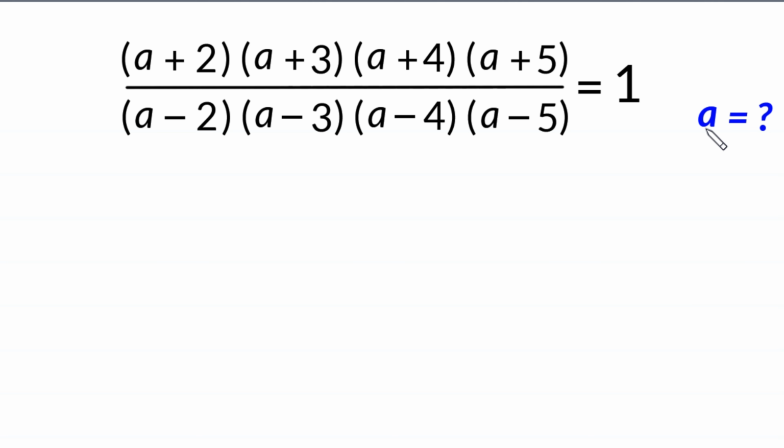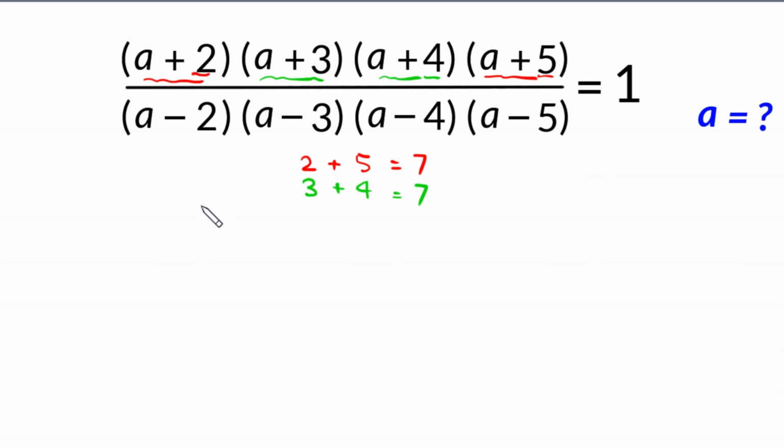So let's start. Since 2 plus 5 equals 7, and 3 plus 4 equals 7, we group these two terms, a plus 2 and a plus 5, and we group these two terms, a plus 3 and a plus 4.